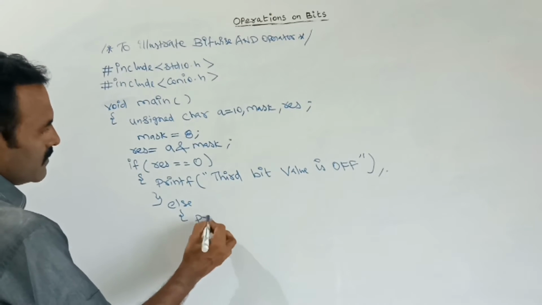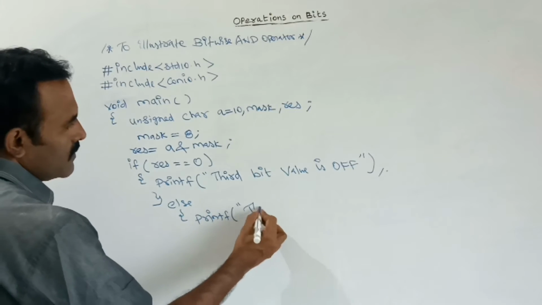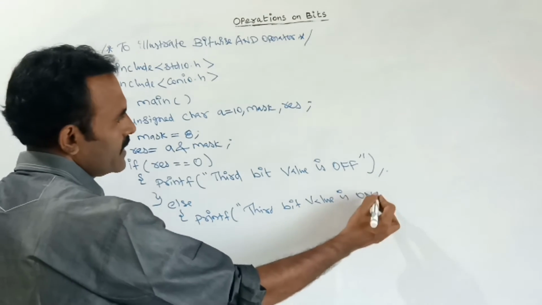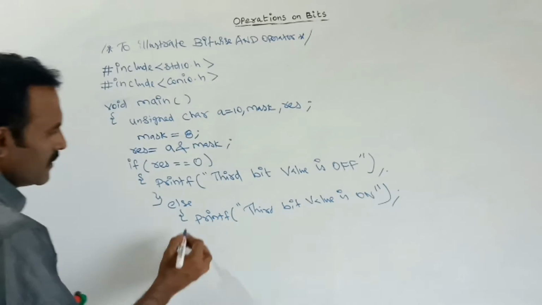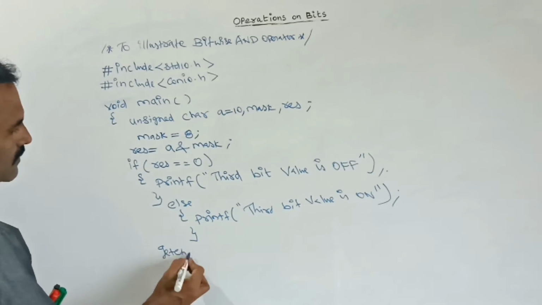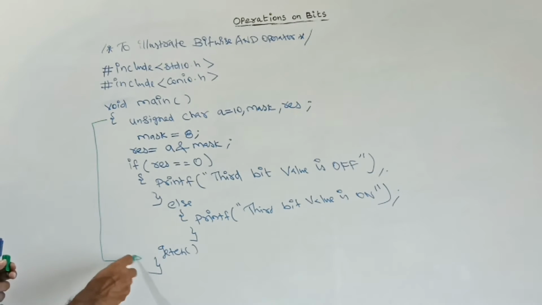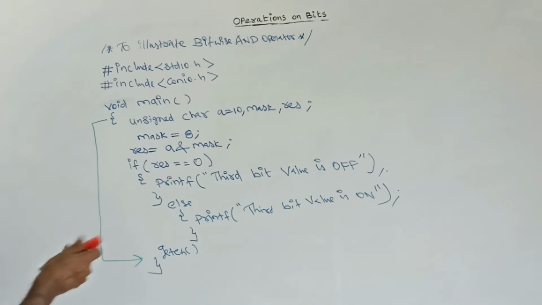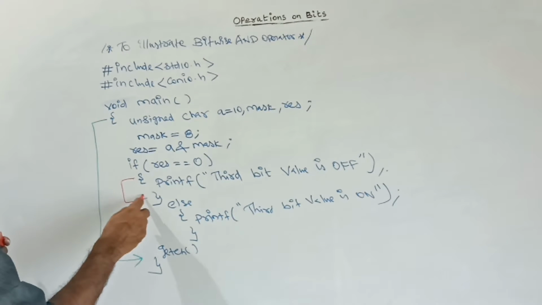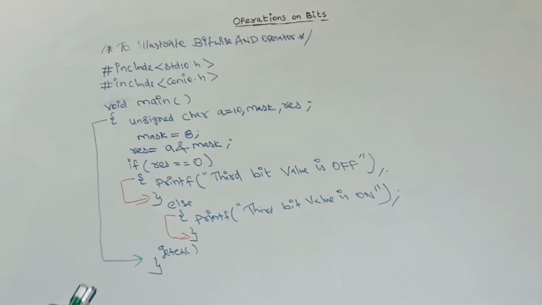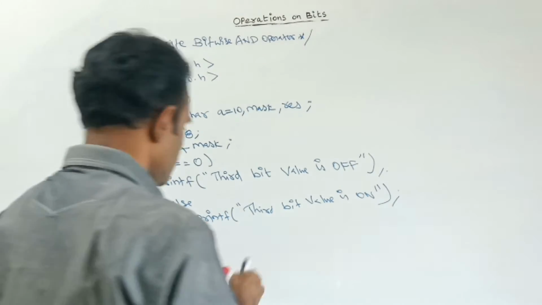Else, third bit value is on. Here open brace and close brace. This is the if condition. Here else. See here the output.